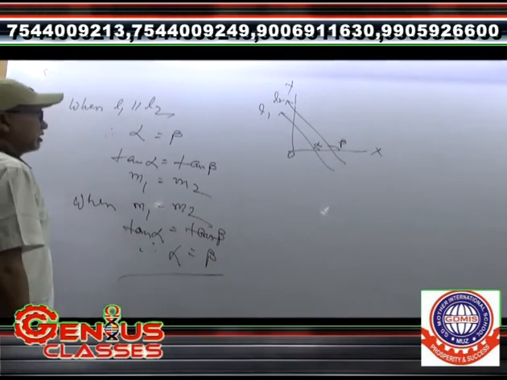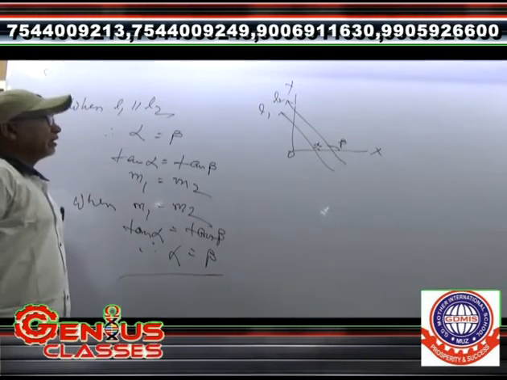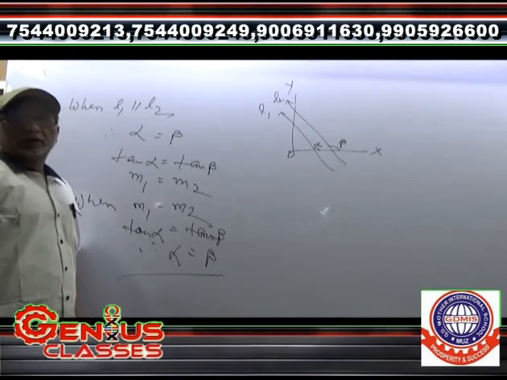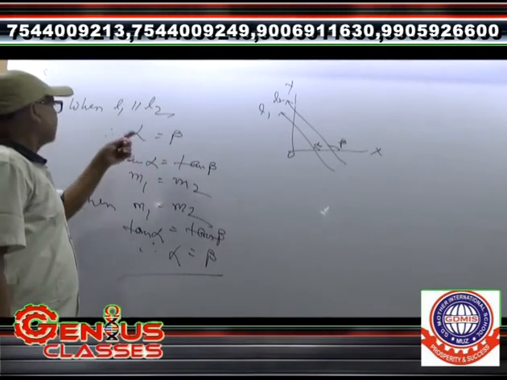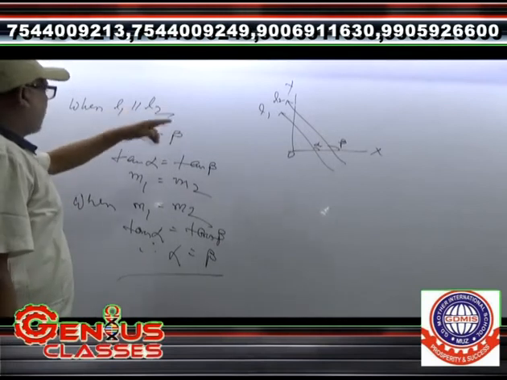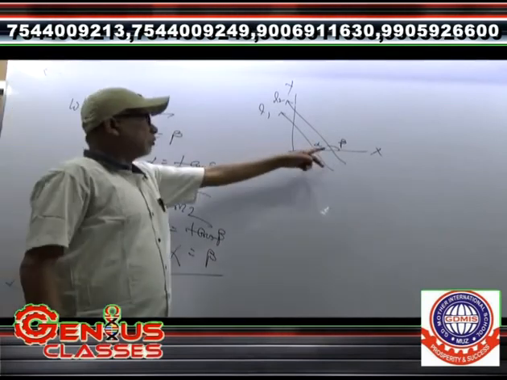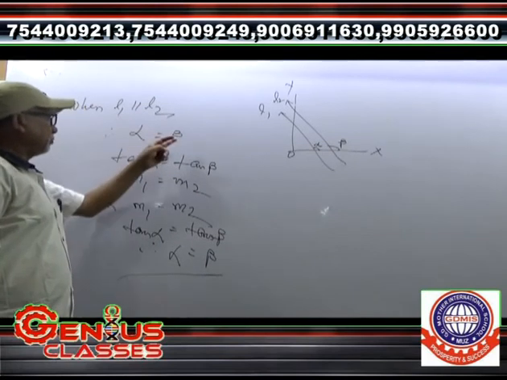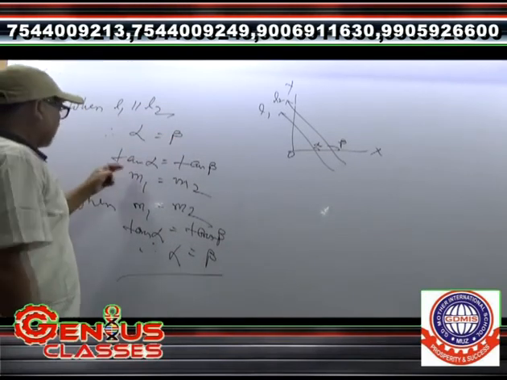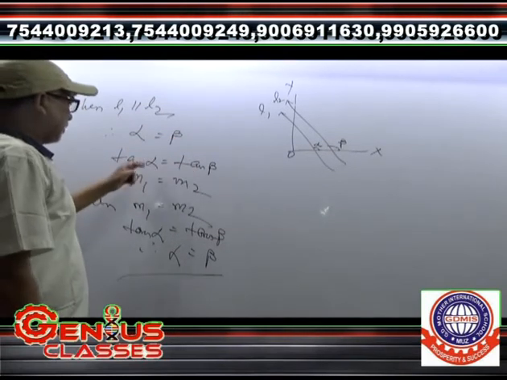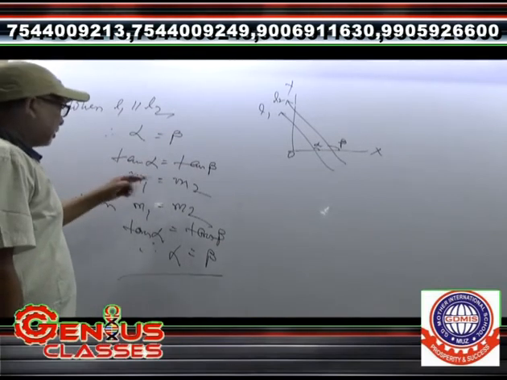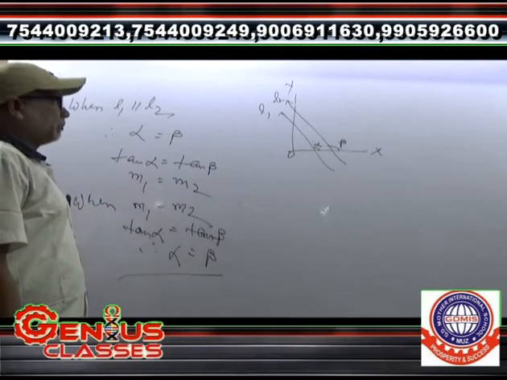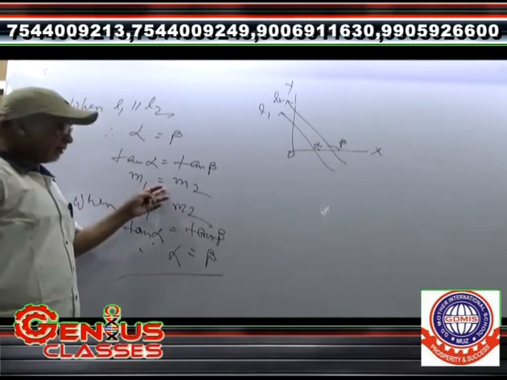These are the conditions of the parallelism of the two given straight lines. जब दो line parallel हो तो corresponding angle equal होगा, यानी alpha is equal to beta. Taking tan on both sides, tan alpha is tan beta. Tan alpha is the slope of L1 and tan beta is the slope of L2. दो line parallel होगा तो उसका slope equal होगा.